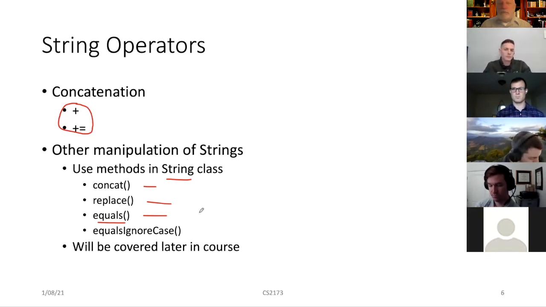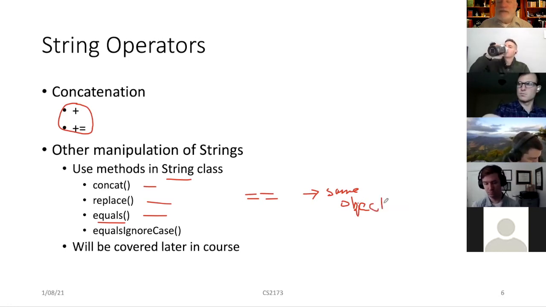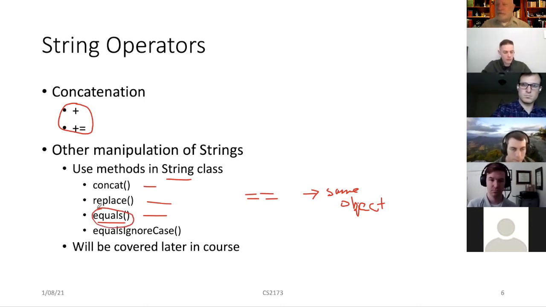The double equal, when it comes to objects, says whether they're the same object. I can have two strings that have exactly the same characters but are two different objects, but the equals method will come back true even if they're different objects.